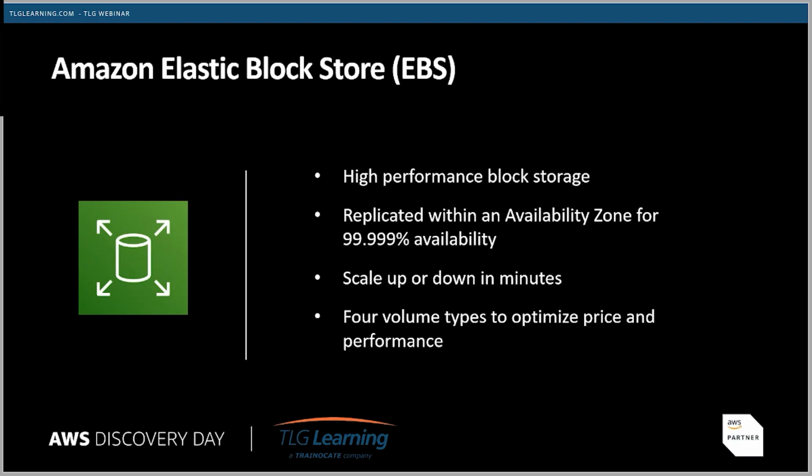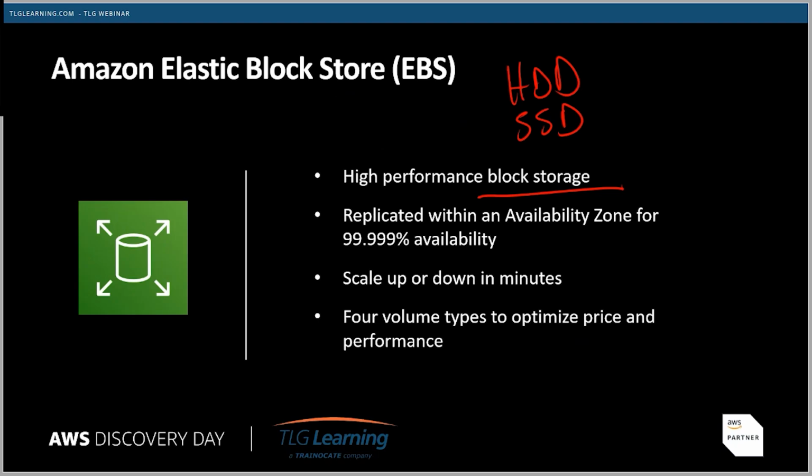And on AWS, that service is EBS, Elastic Block Store. This is block storage, referring to the fact that these are effectively just hard drives or solid state drives, which they are by default, solid state drives.